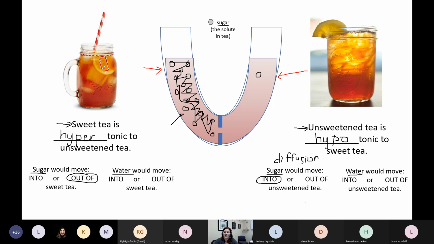So when we're looking at our tea tube here, which kind of tea has more water in it? Which one looks like it has more water in it? What do we think?